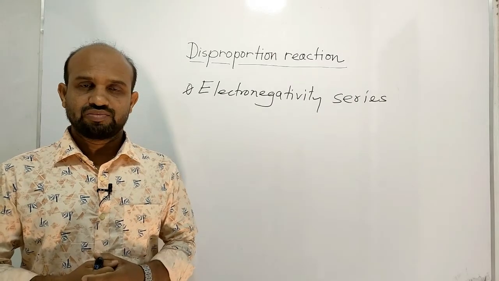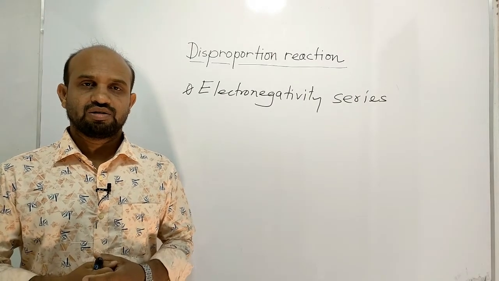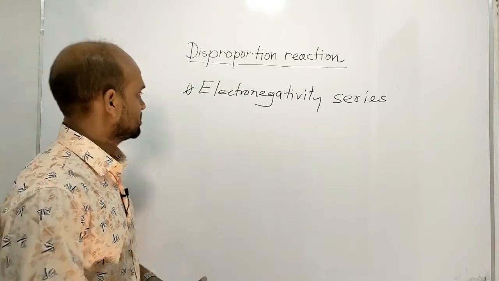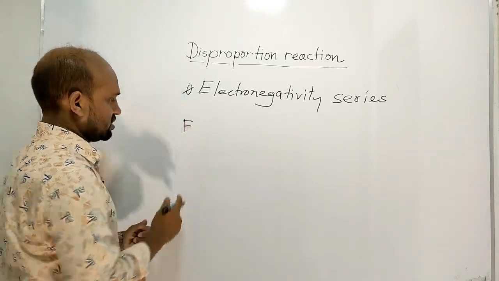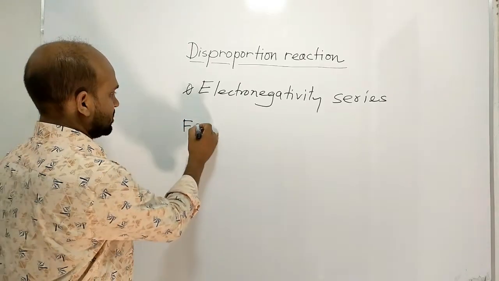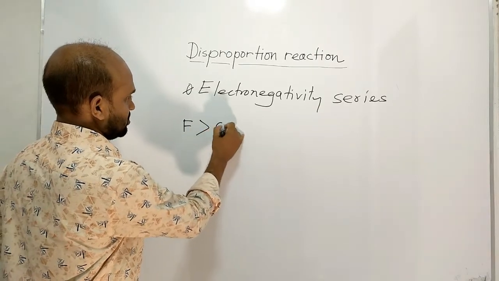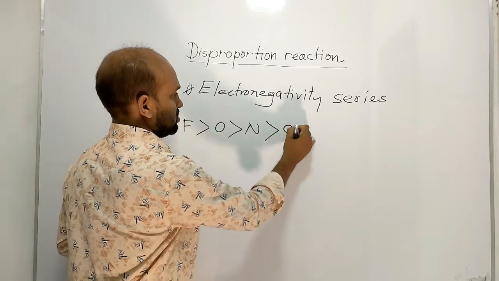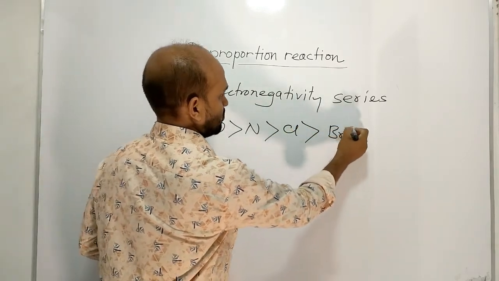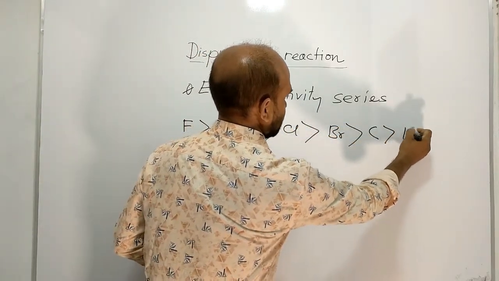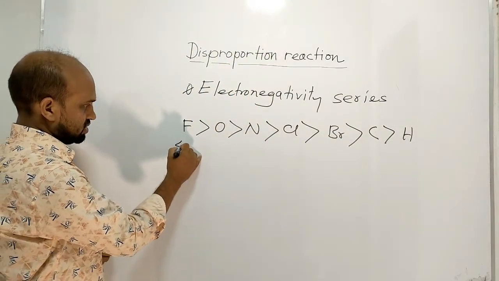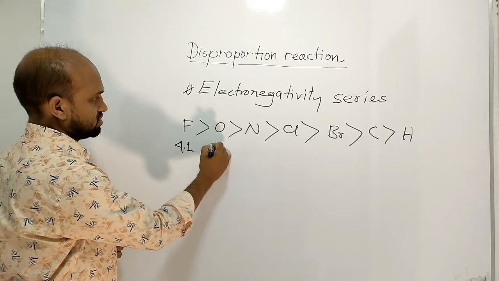Let's see the electronegativity series and calculation of oxidation number verbally. Fluorine is the highest electronegative element, then oxygen, then nitrogen, then chlorine, bromine, carbon and hydrogen. Its electronegativity is 4.1.